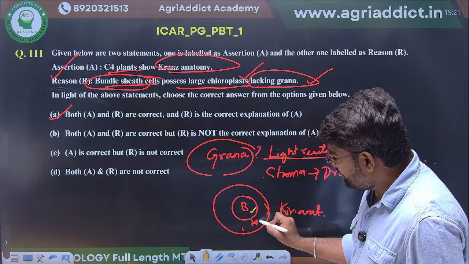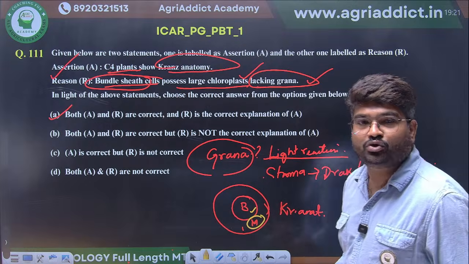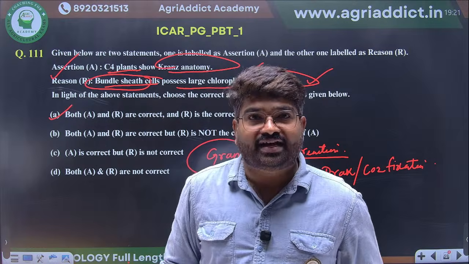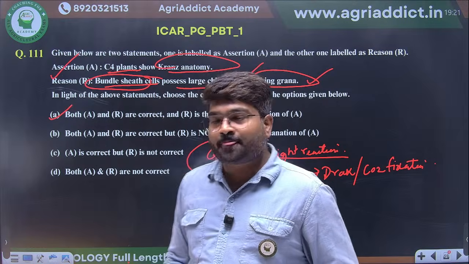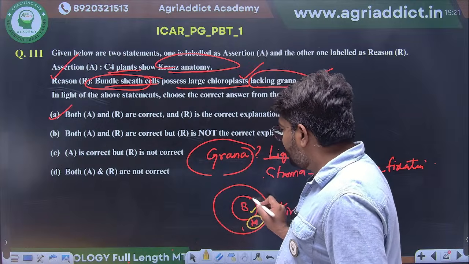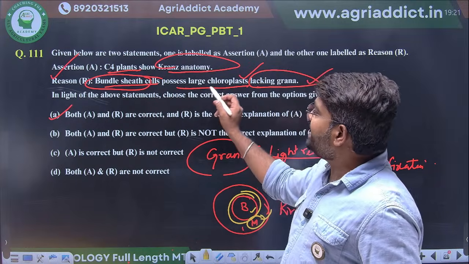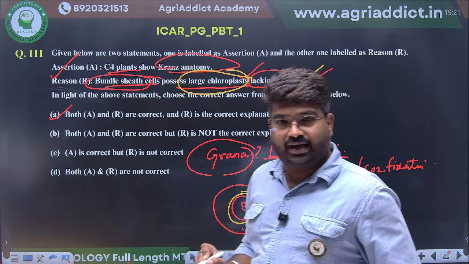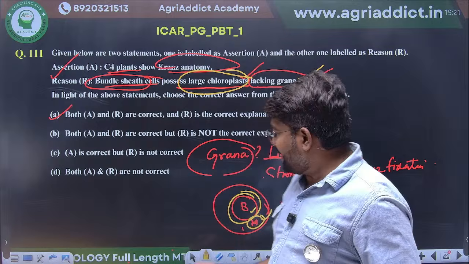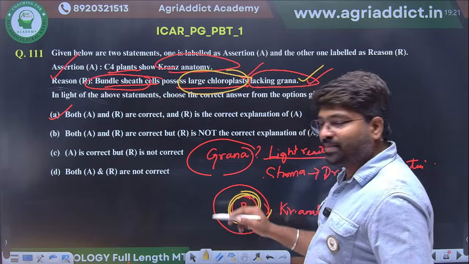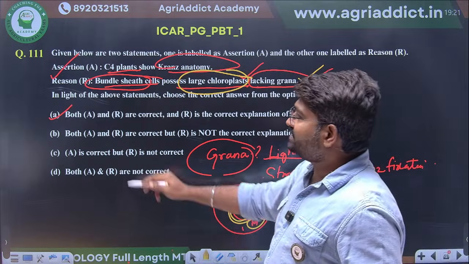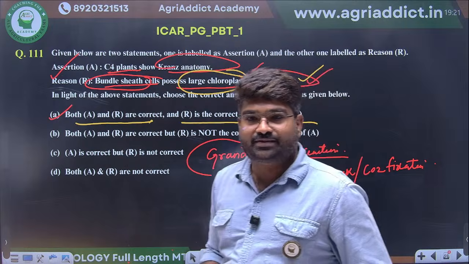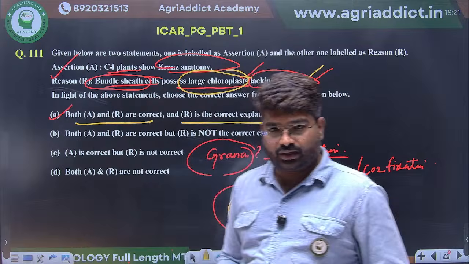The mesophyll cell itself will produce enough ATP and NADPH required for dark reaction. So the bundle sheath always possesses large chloroplasts lacking grana, because light reaction need not happen in the bundle sheath cell. That's why both A and R are correct and R is the correct explanation of A. Okay, students.